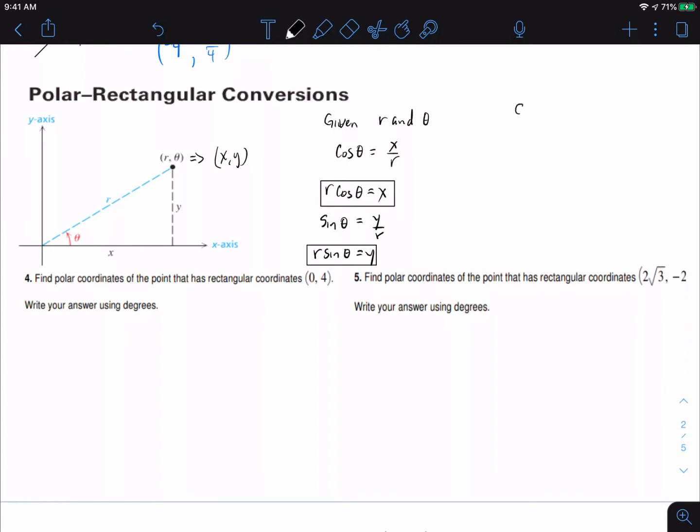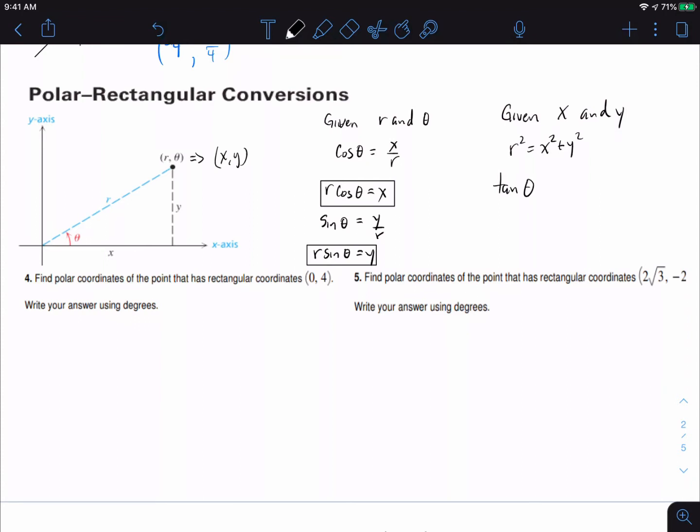Now, given that they give you x and y, what we can do is we need to convert it to circles. And so circles are using the r squared is equal to x squared plus y squared. And then we need to remember to find our angle.